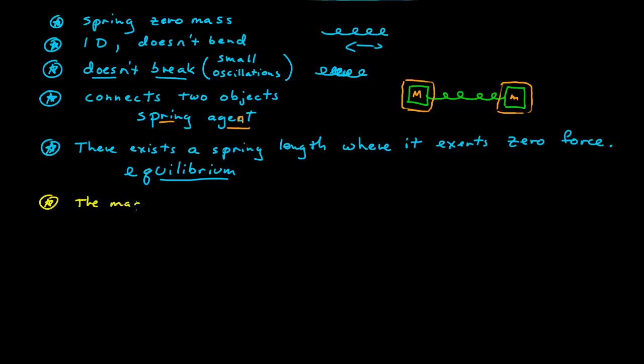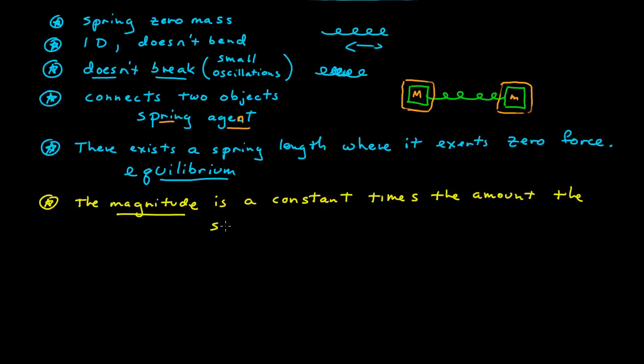The magnitude of the spring force is a constant, and that constant is determined by the individual spring, but it is a constant times the amount the spring is stretched or compressed.